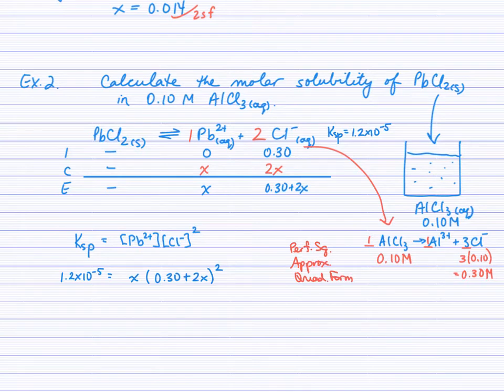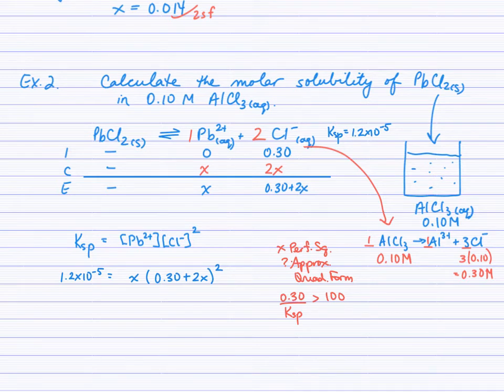So in checking perfect squares, the right side does have this binomial squared, and yet x is not, and so that won't work. Okay, let's check the approximation. So we're looking at the initial concentration, the 0.30, and dividing by that KSP value. Does that end up being greater than 100? Check it out, 0.30 divided by 1.2 EXP negative 5.